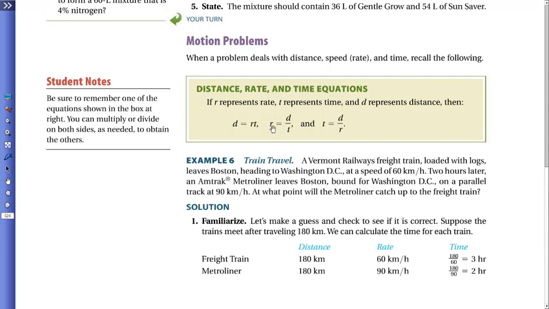It comes from the word ratio, which means distance, in this case distance over time. And you can solve this for different variables. If I solve this for d, I would multiply t times both sides, and I'm going to end up with distance equals rate times time. And then if I solve for t, time, I get distance divided by rate, or distance over rate.